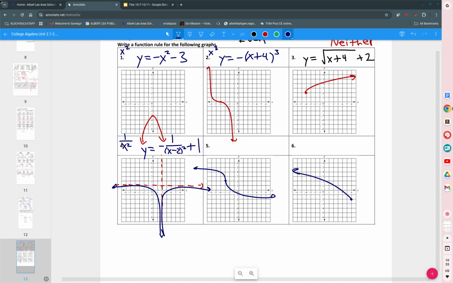This is one where a lot of people had to look back at their notes to try to remember what is the parent function. And that's fine. Just remember when you get to the test, you will not have your notes on it.